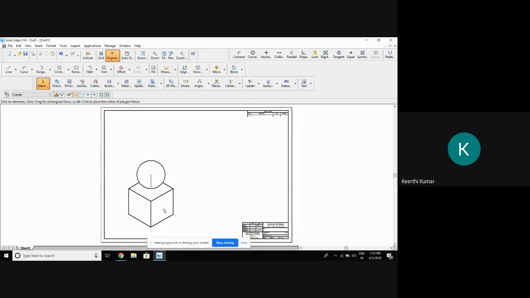Also, I'll show you how this object will look in isometric view. If I rotate it, the earlier black color I showed is the original object at the original scale. If I rotate it to 30 degree, I am supposed to reduce the dimension of the object given.